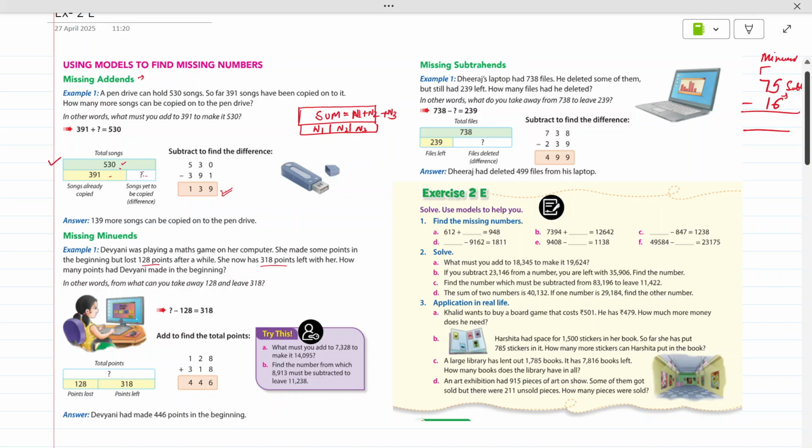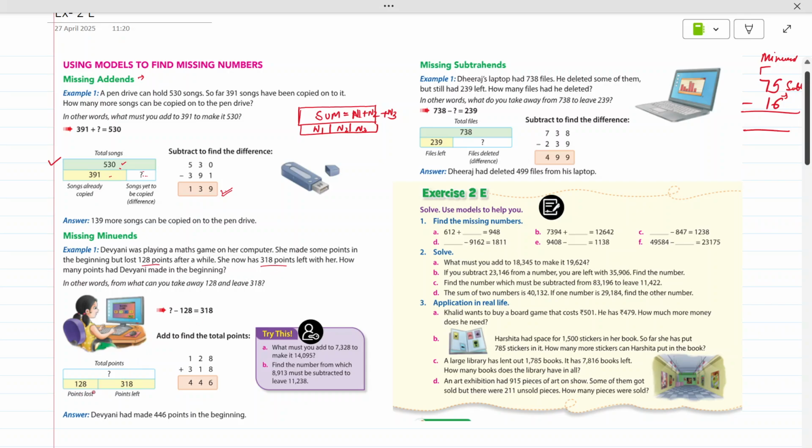What is given to us here is that there was a total number which Devyani made, and now she has lost 128 points after some time from this, and the rest amount which she has now is 318 points. We have to find how many points she made originally in the beginning. So how can we do it?